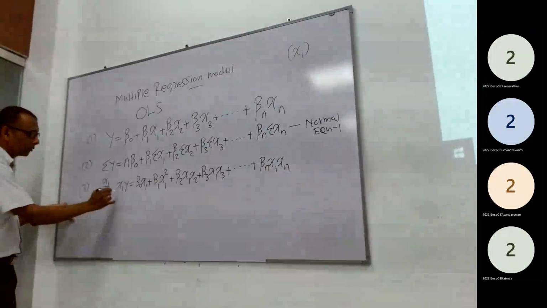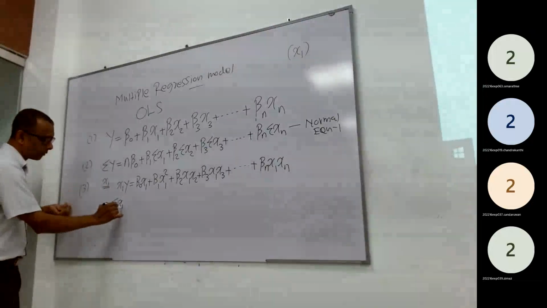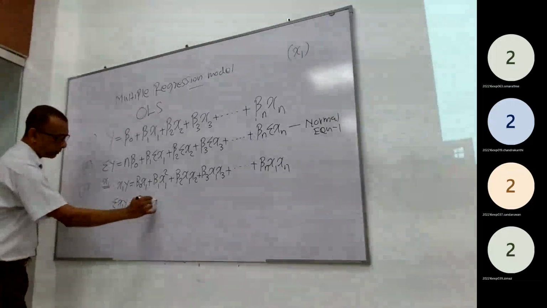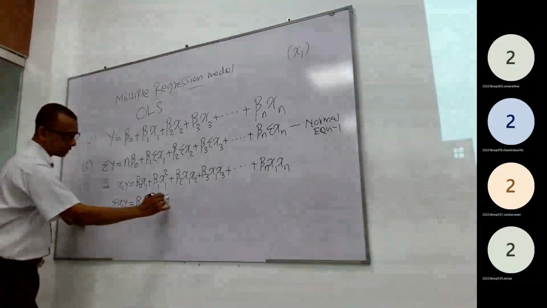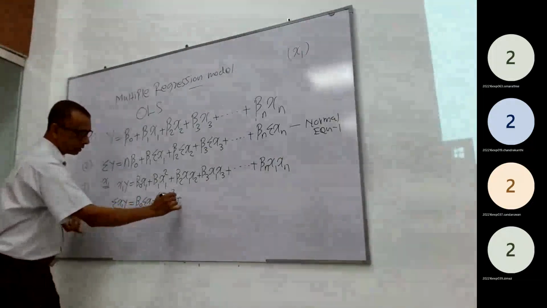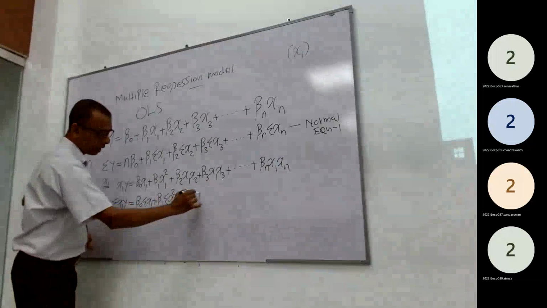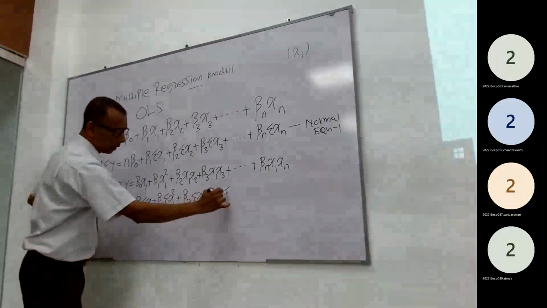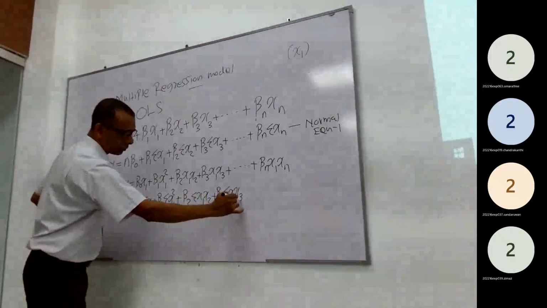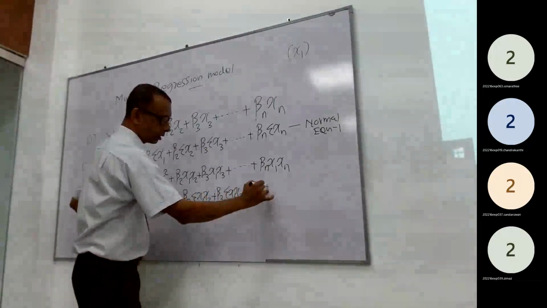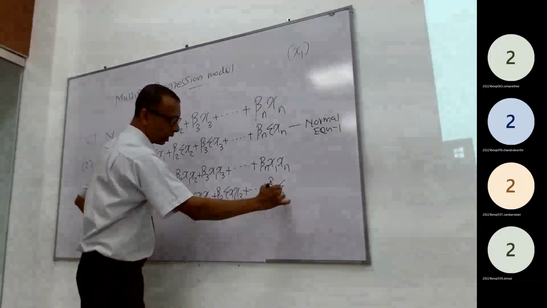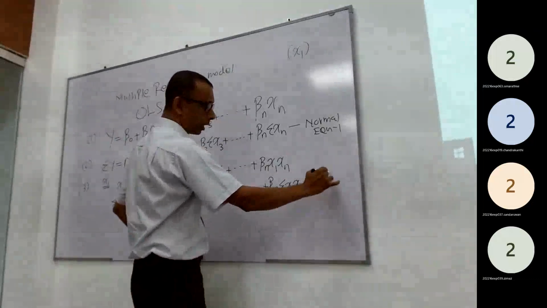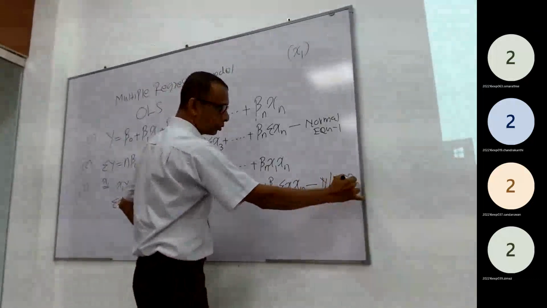Then apply sigma: sigma x1 y, beta 0 sigma x1, beta 1 sigma x1 squared, beta 2 sigma x1 x2, beta 3 sigma x1 x3, up to beta n sigma x1 xn. That is normal equation 2.